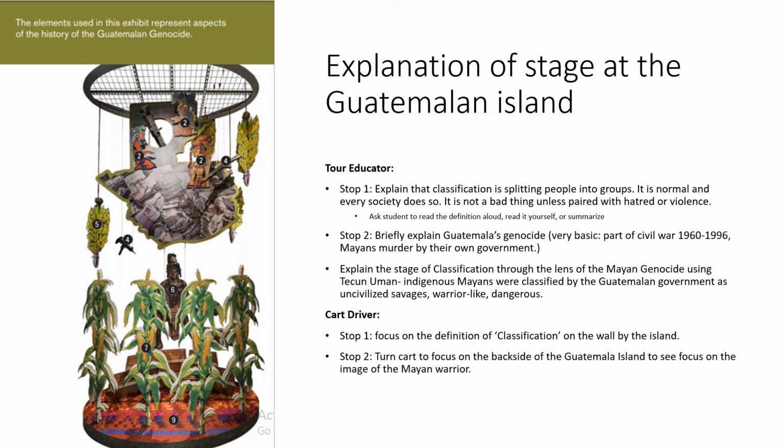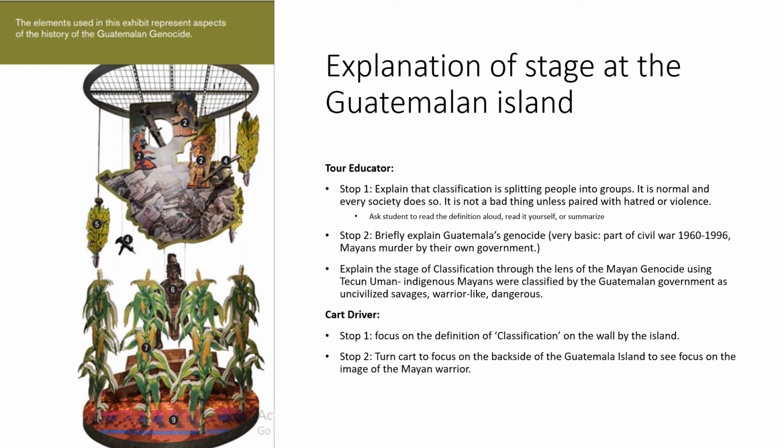So in the case of the Guatemalan genocide, this is part of a civil war in the 1960s that lasts about 30 years, in which the Mayans were murdered by their own government. That's all you have to say. Then you explain how classification was used in the Guatemalan genocide. Explain it through the use of a single object.